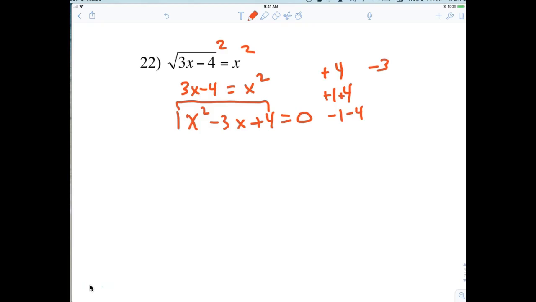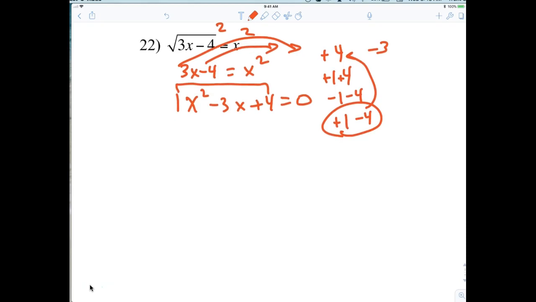Okay, so I moved everything over, didn't I? Right? But you can't do positive 1 and negative 4, because if I multiply those together, it gets negative 4, not positive 4. Okay? All right, so now let's do the quadratic formula.